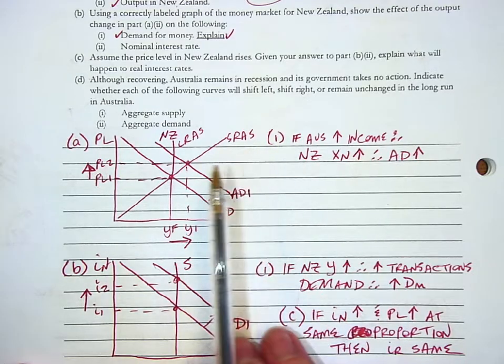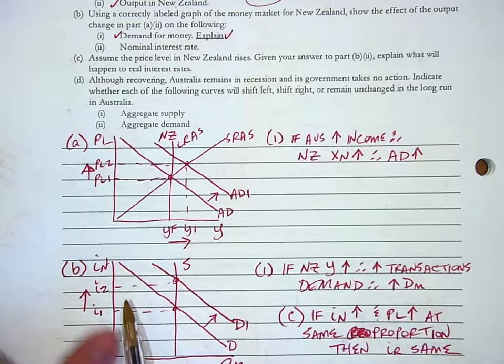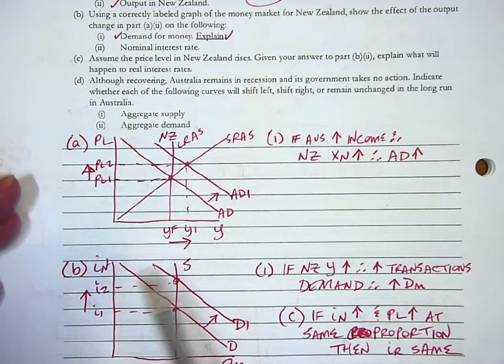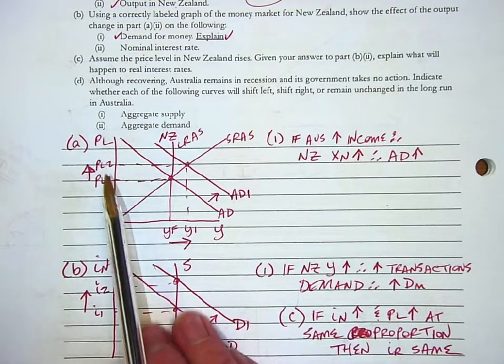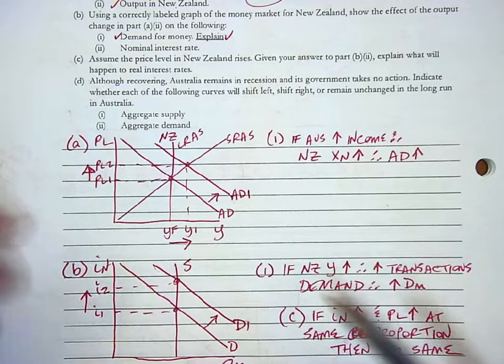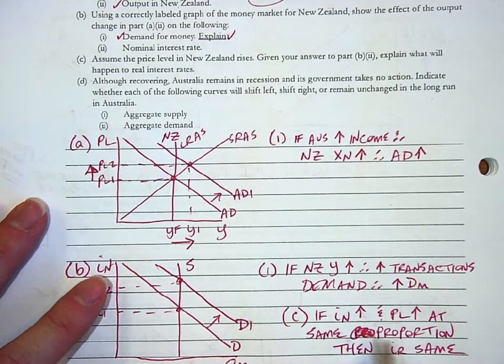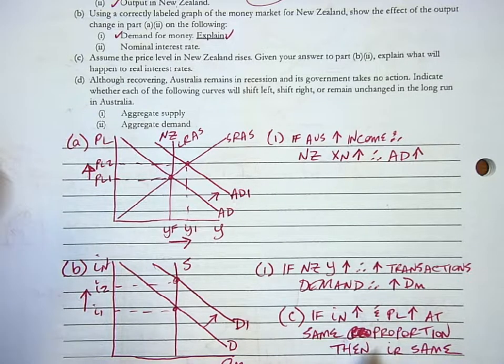But now we know that if one of them changed more than the other, like if the interest rate went up more than the price level went up, then the real interest rate got larger. If the price level went up more than the interest rate went up, then the real interest rate got smaller. So it kind of depends, but we can say that if they did go up in the same proportion, then the real interest rate stays the same.